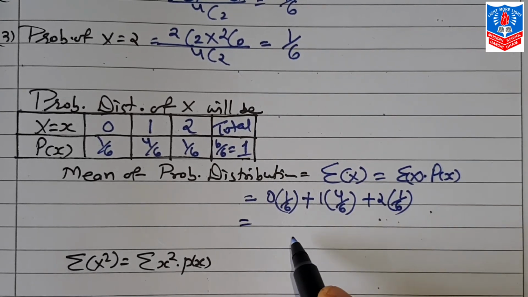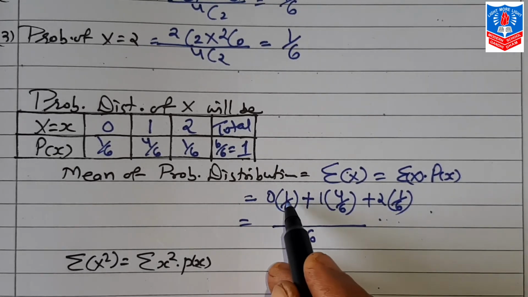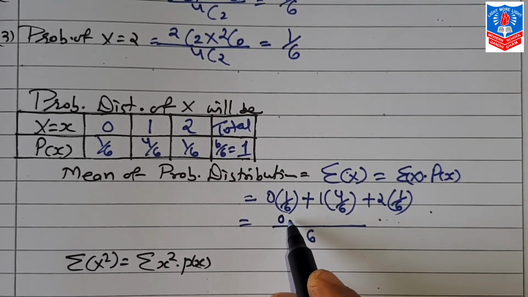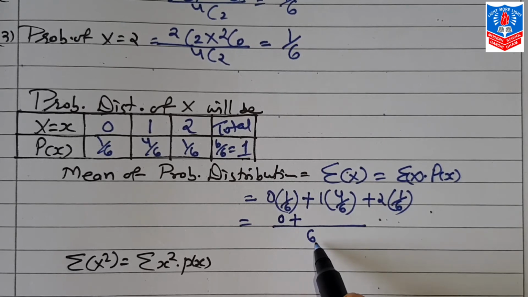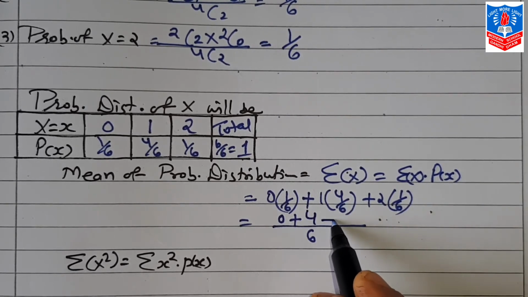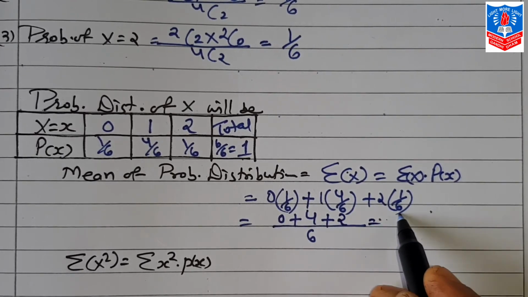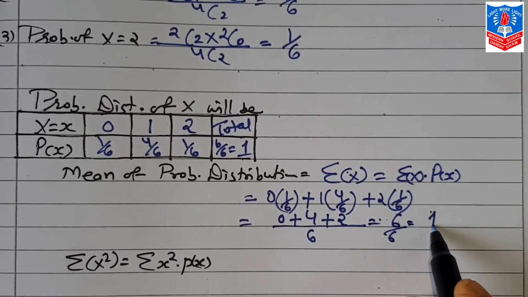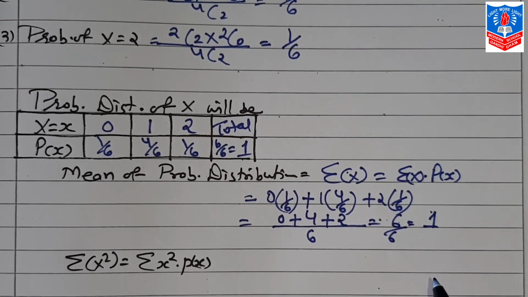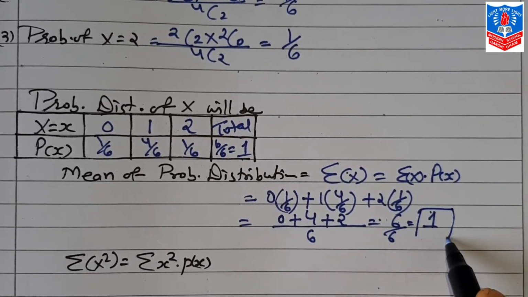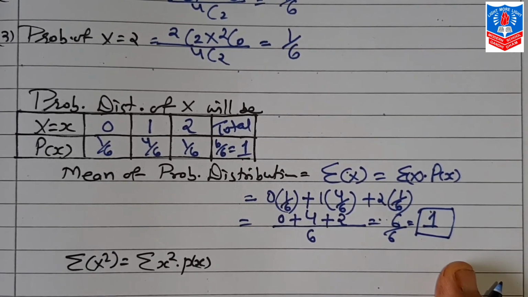Now 6 is common. Because of that, no need of finding LCM, we write 6 only. Here 0 is there, then 4, and here will be 2. So 6 by 6, 1. So in that case your mean value is 1.